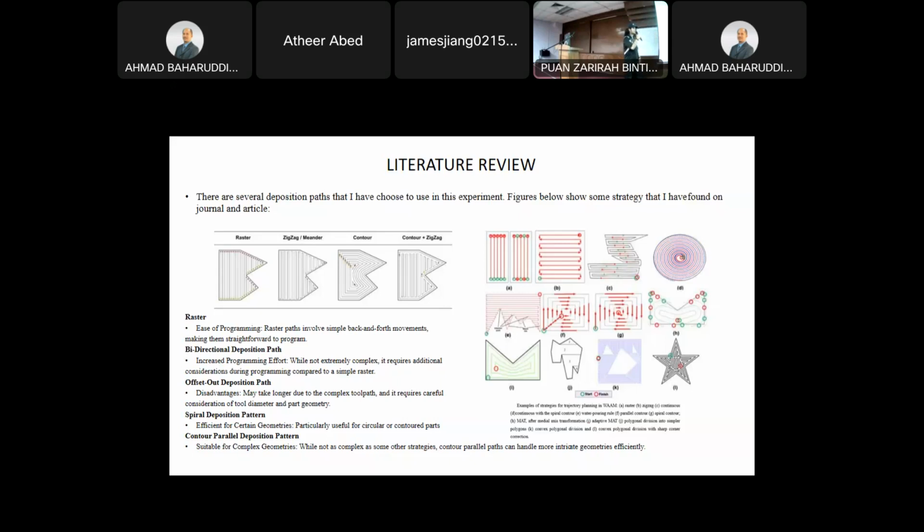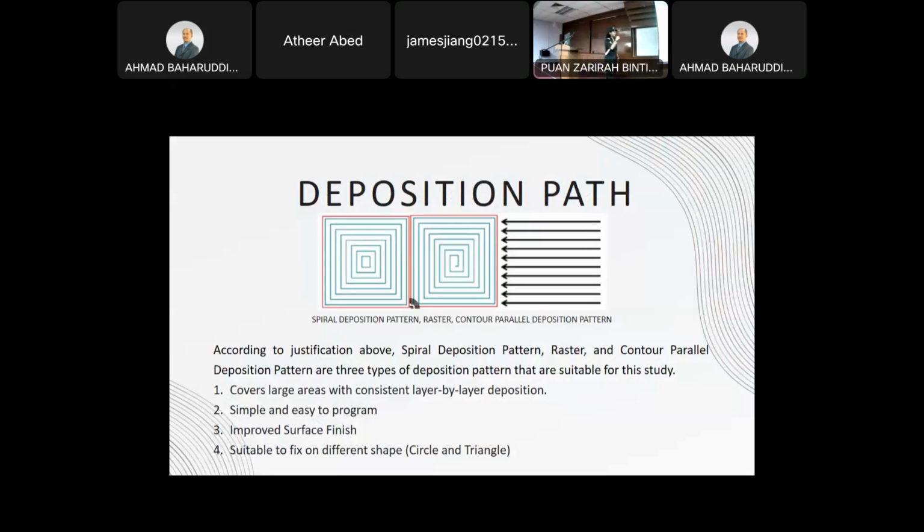but I need to find the most suitable for my research, according to the shape and also the deposition paths. As we can see, I have these five types of deposition paths that can be used for my research. And I have chosen three types of deposition paths, which are raster, contour, parallel deposition pattern, and also spiral.